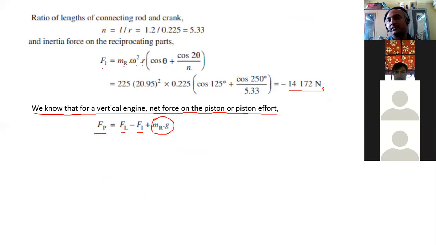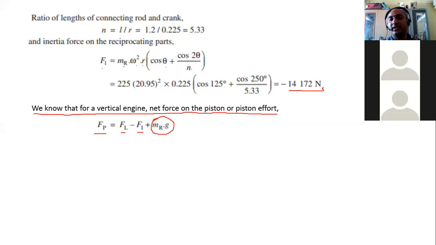This force FP is already there, and in addition to that, weight is also acting, mg. Therefore mg is added. mg means mass of reciprocating parts, MR, into gravitational acceleration g.